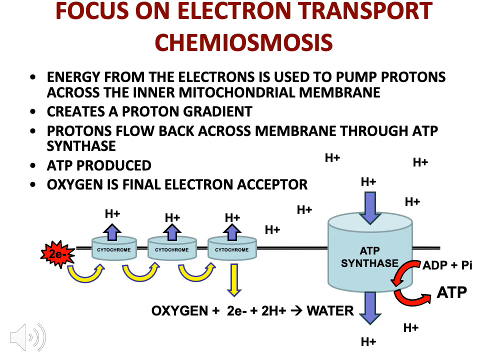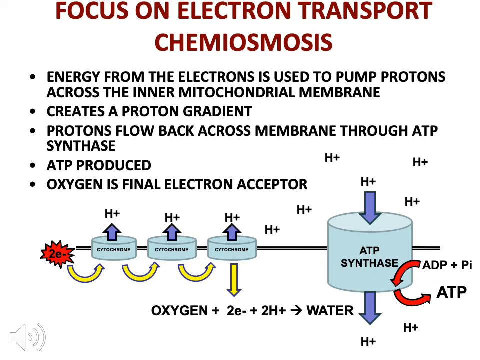Here's our next slide. The details on how we are going to make ATP from energized electrons in a process known as chemiosmosis. Now, the word chemiosmosis implies osmosis, which is kind of like the movement of water molecules across a membrane. But in this case, we are not moving water molecules across the membrane. We're going to move hydrogens across the membrane.